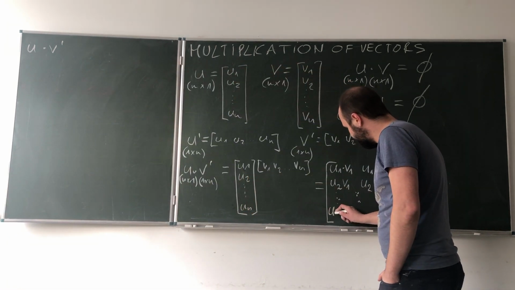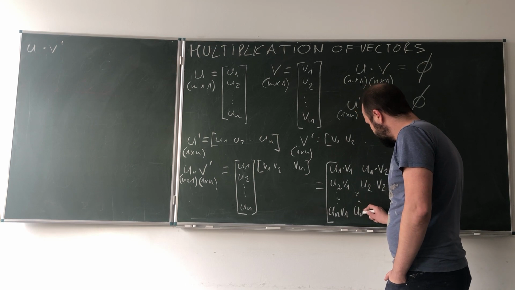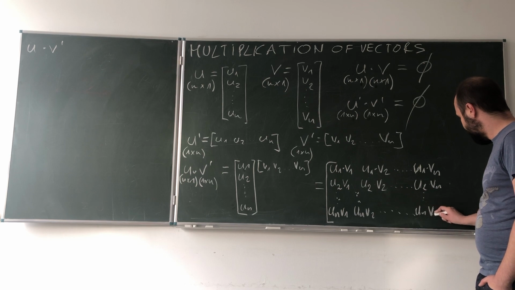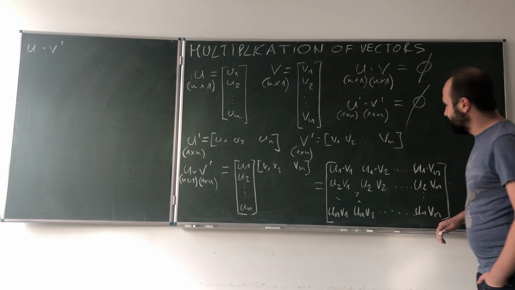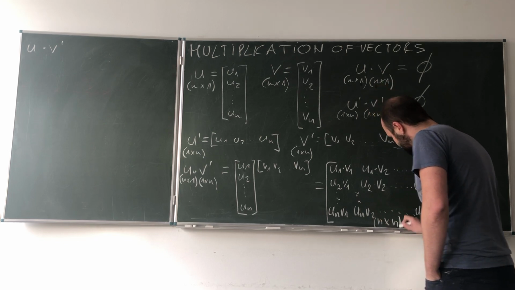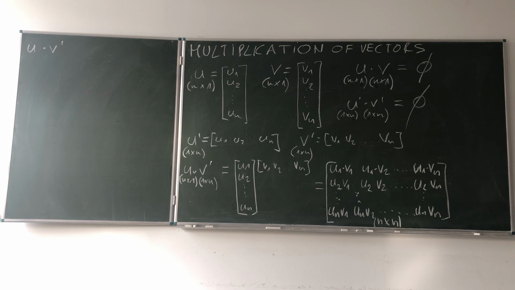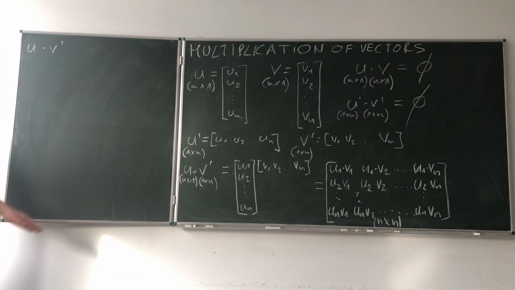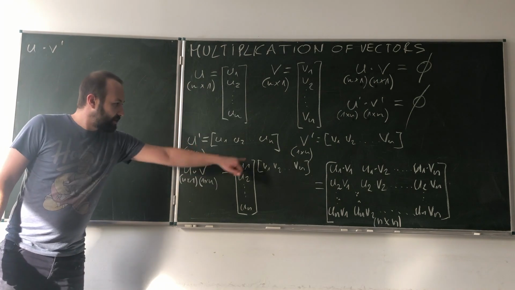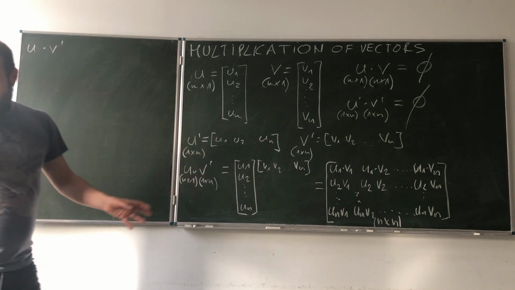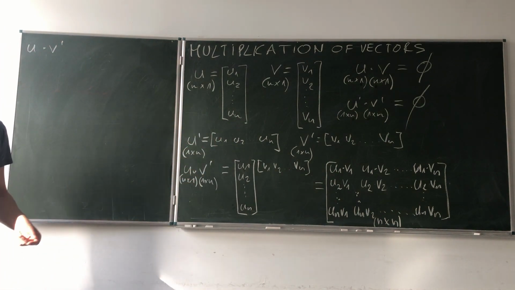So un, we would have un v1, un v2, until un vn. And definitely we see this matrix will be of dimension n by n. Okay, so we see that if we're going to take a column vector u and multiply it by a row vector v, we're going to get a matrix of all possible products.